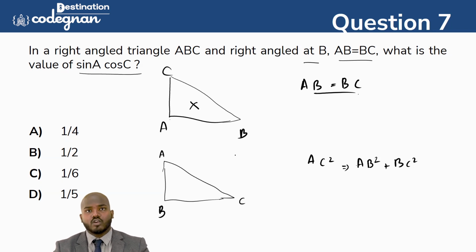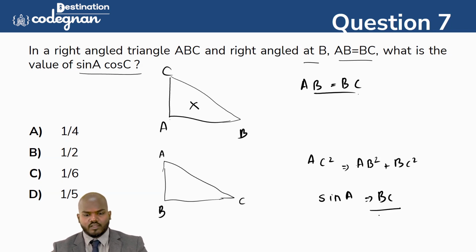Now you just need to use some formulas. What formula can I apply here to get the value of sine A and cos C? If I take the value of sine A, I get BC over AC.